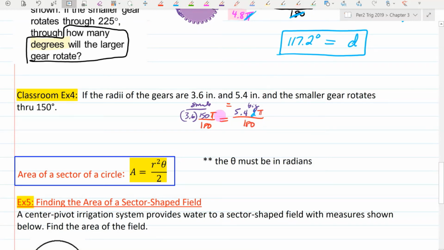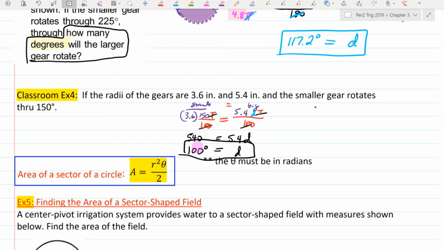I'm going to go ahead and cancel the pi over 180 out on each side because they're just going to cancel out. So that gives me, and then I'll divide both. Well, we're going to get, on this side, these two multiplied together are 540 is equal to 5.4d. So d is equal to 100 degrees. All right. That covers that.